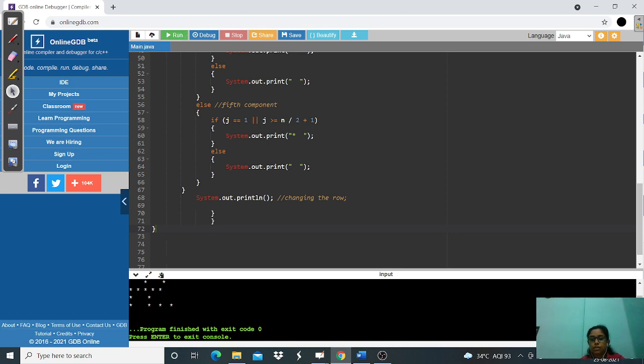Yes. Now our output comes, the swastika pattern using star. So this is tough and hard.